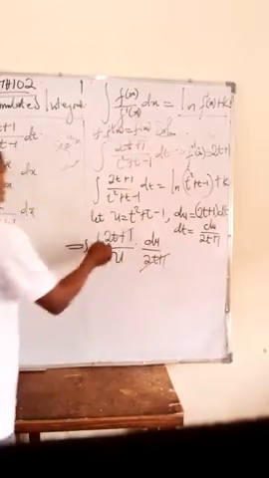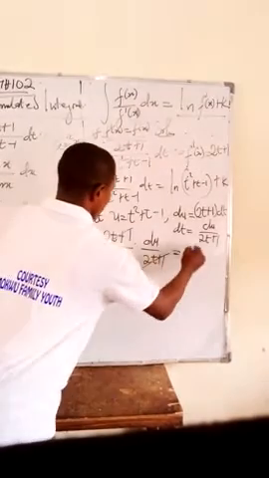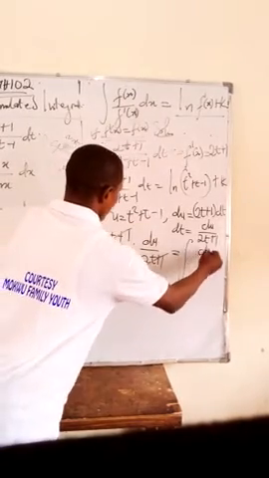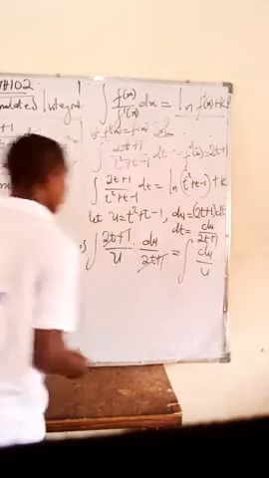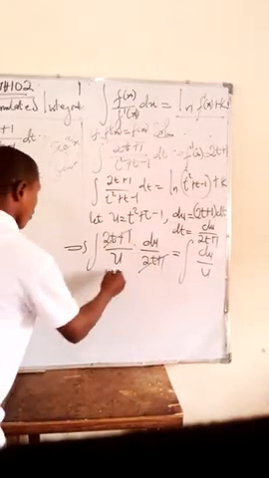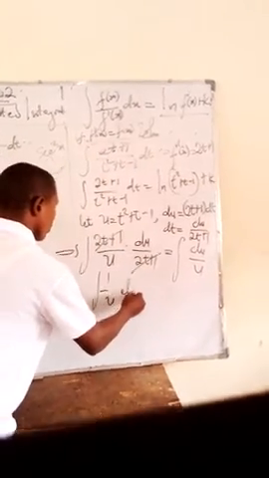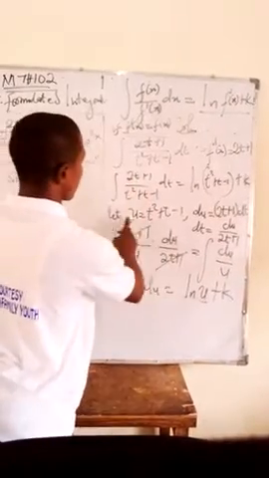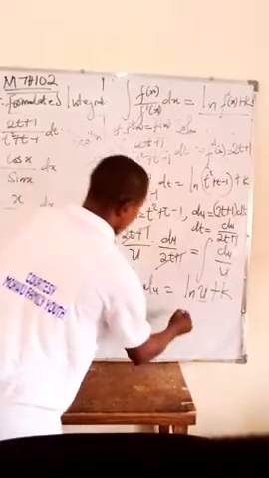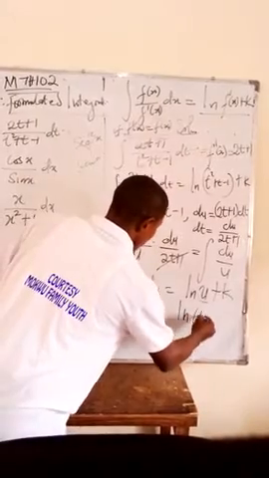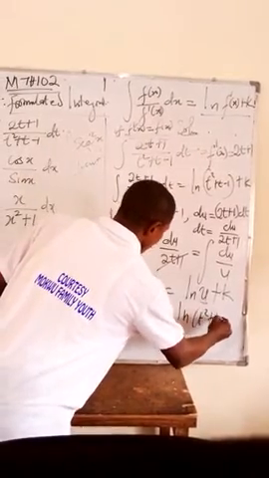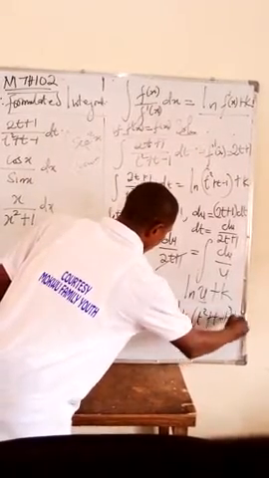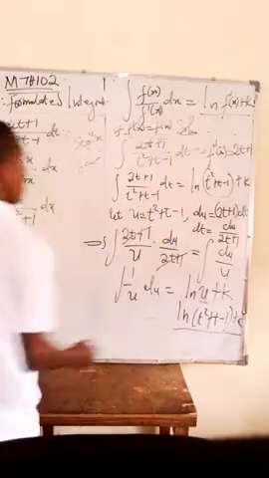So this cancels this, and then we have the integral of du over u. So what is the integral of 1 over u du? That will give us ln u. My u is t squared plus t minus 1. So I have ln of t squared plus t minus 1 plus k.